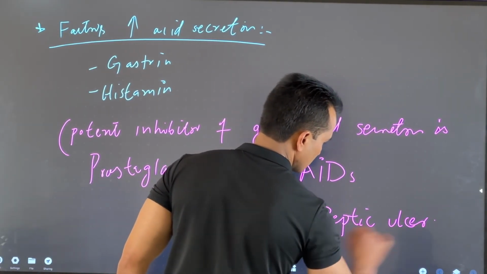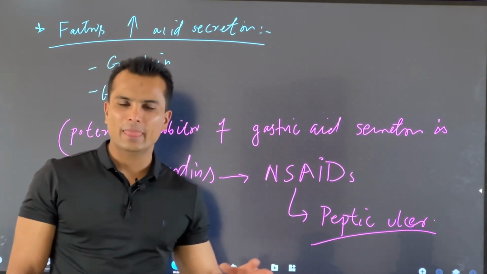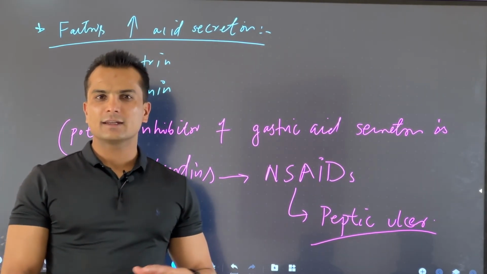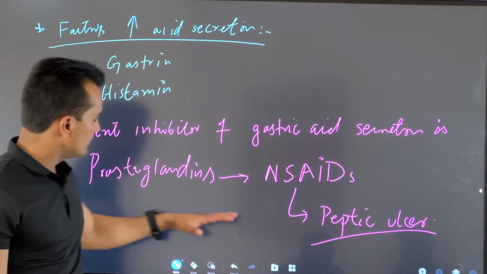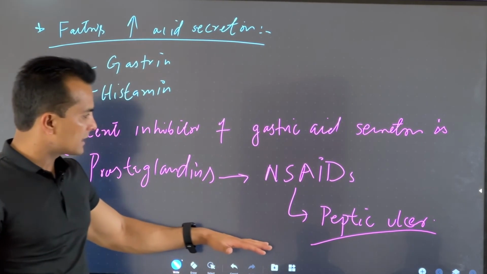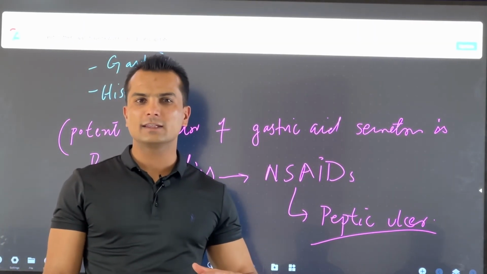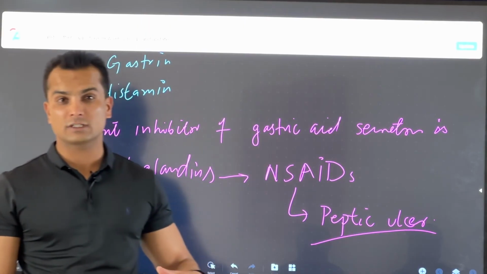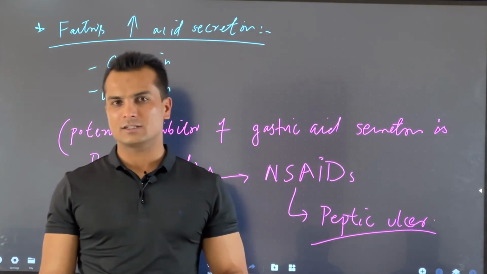Peptic ulcer. The most common cause of peptic ulcer is drug-induced peptic ulcer. And what is the mechanism? This is what I have just described: NSAIDs basically block the prostaglandins and their function. That's why this is called the protective layer of the GI mucosa, because they inhibit the acid secretion.